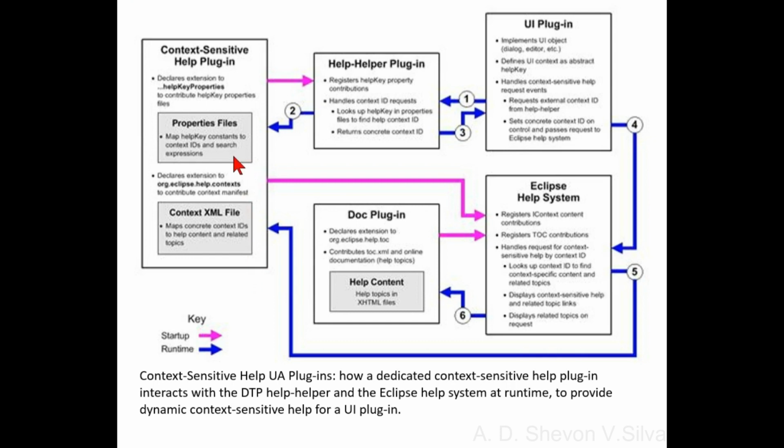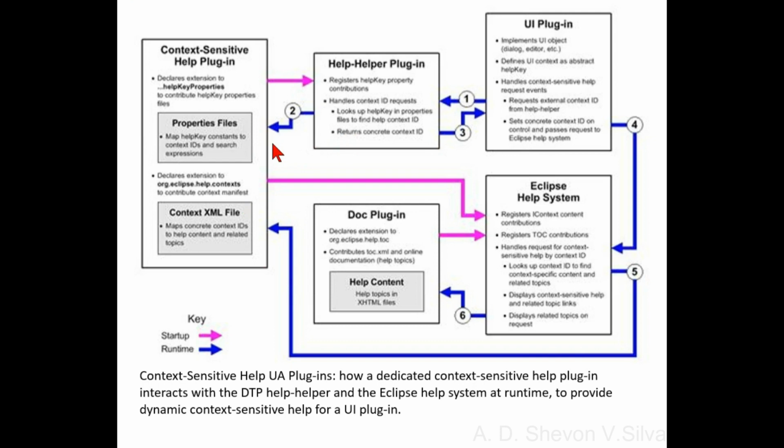Properties files map help key constants to context IDs and search expressions. The context XML file maps concrete context IDs to help content and related topics. Here you can see the context-sensitive help plugin declares an extension to help key properties to contribute help key properties files, and declares an extension to org.eclipse.help.context to contribute the context manifest.